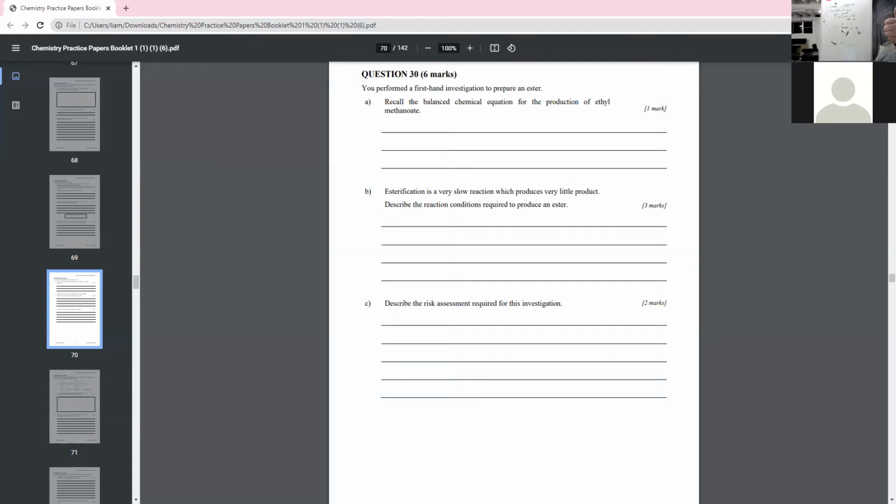Okay, you're dealing with heat, don't burn yourself. Dealing with acids, don't spill them on yourself. Dealing with alcohol, which is flammable, use a heating block rather than an open flame like a Bunsen burner.